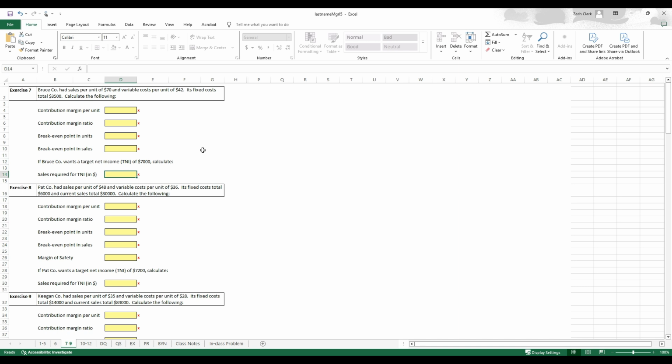Okay, let's look at our exercise number 7 here. So in this problem, it asks us to take a look at the contribution margin per unit. So we've got to do some calculations here, and we've got information above to do this analysis.